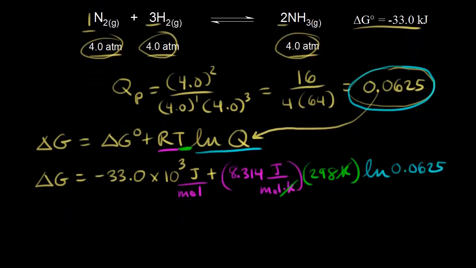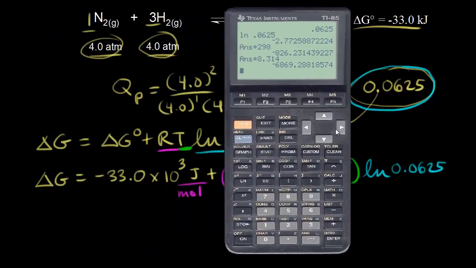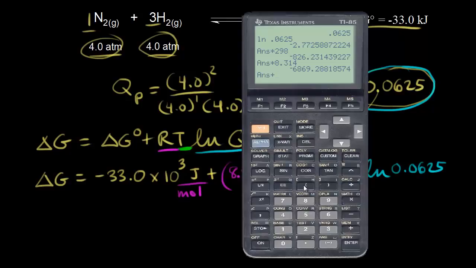Let's do the math. So let's start with the natural log of 0.0625, which we need to multiply by 298 and multiply by 8.314. We're going to add that to delta G0, so plus negative 33.0 times 10 to the third.